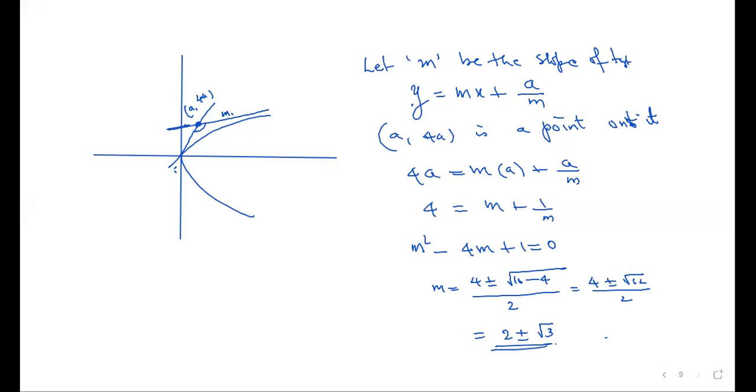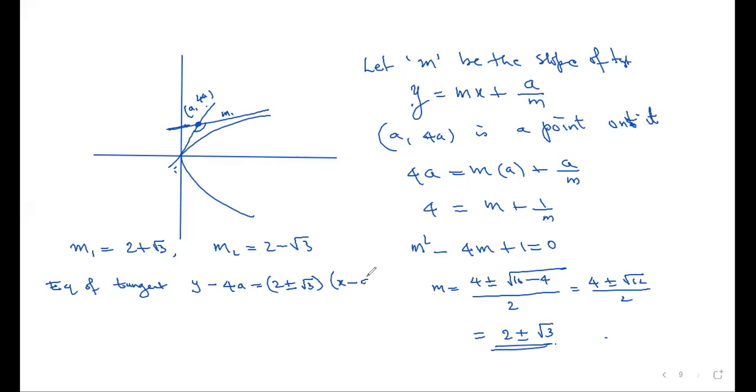So slopes are 2 plus root 3 and 2 minus root 3. So equation of tangent: y minus 4a, point is 4a, equals 2 plus or minus root 3 into x minus a.